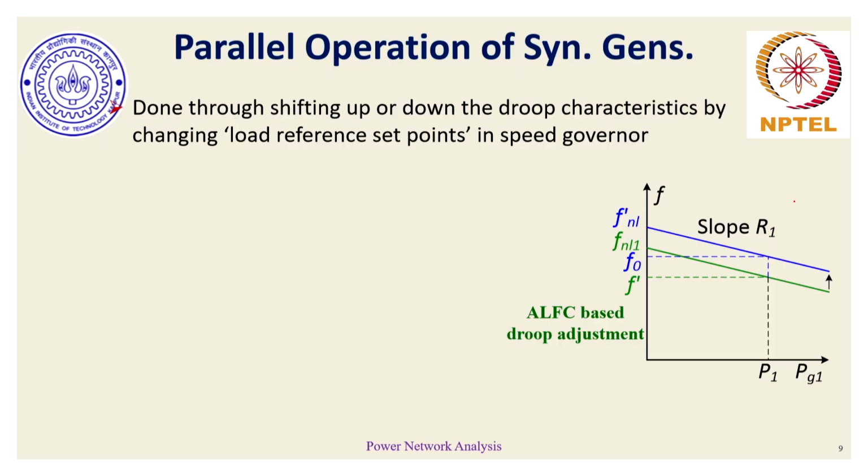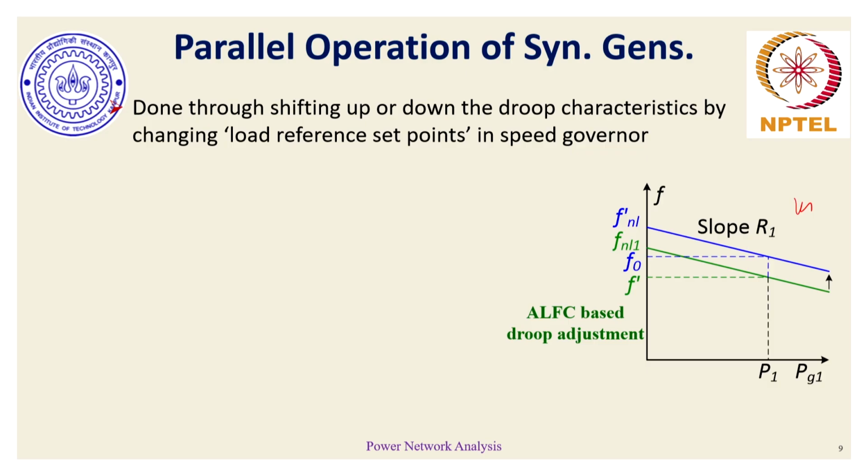If a particular synchronous generator speed or frequency is going down, to bring back the system frequency or generator frequency, the turbine valves are opened up, more steam pushes in, more water pushes in, and hence more real power output can be generated, which in a way also shifts the corresponding speed governor coefficient or speed governor profile itself, which is essentially what is shown over here in this particular slide.